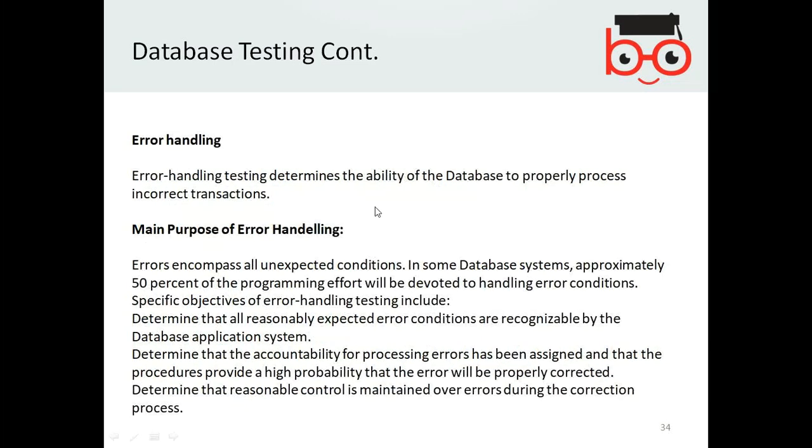Error handling determines the ability of a database to properly process incorrect transactions. For example, if an error happens, your database should have some capability to handle the incorrect transactions, like commit or rollback. If any transaction fails, then all parts of the transaction should be rolled back.